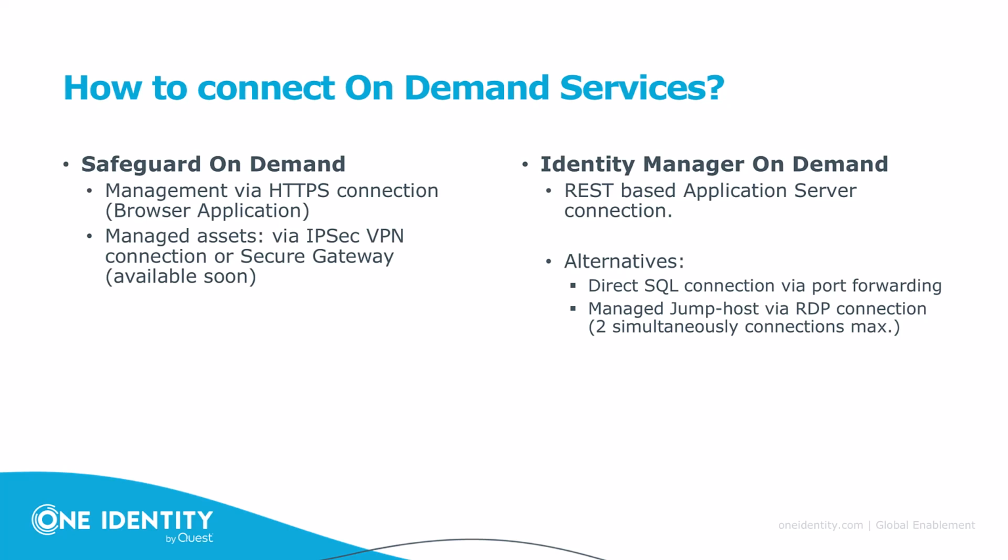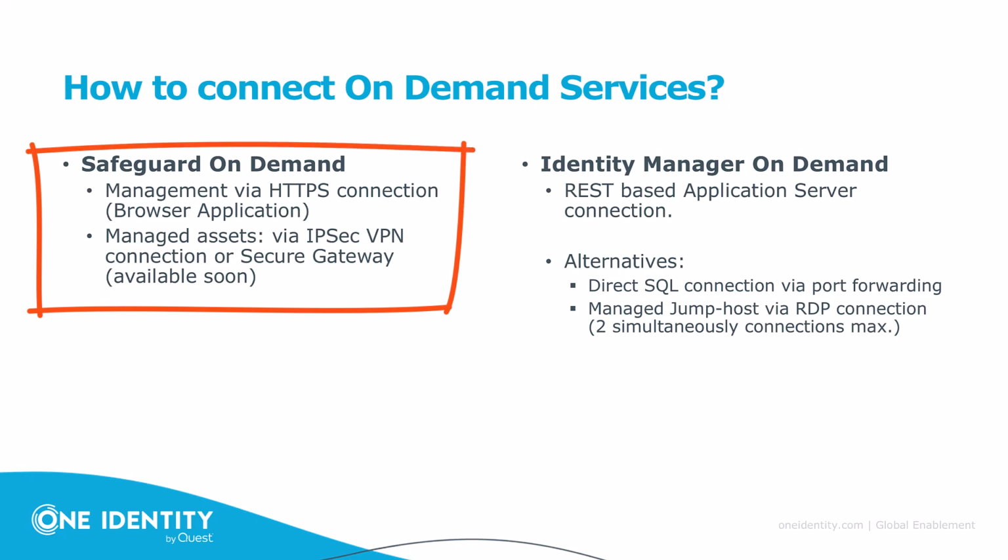Let's see how to access on-demand services. In case of Safeguard on-demand, for management, there's only need of an HTTPS connection. So you need your browser that uses HTTPS protocol, which is a fully secured connection. Users can log in the Starling interface, and that interface will redirect the user to the Safeguard interface.